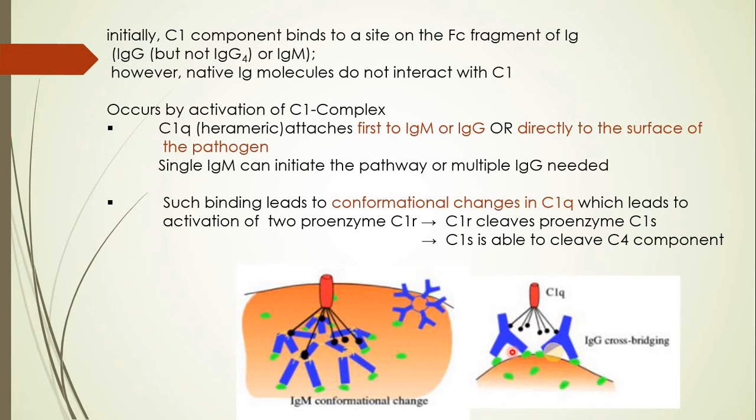Here it is with reference to the IgG molecule, whereas this picture is defining the conformational change which is brought about by binding of the C1 with the IgM molecule, right? So once the C1 binds with the IgM, there is a conformational change seen in the structure of this IgM because it will be slightly raised.